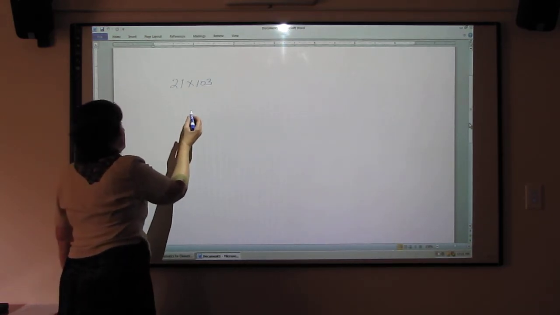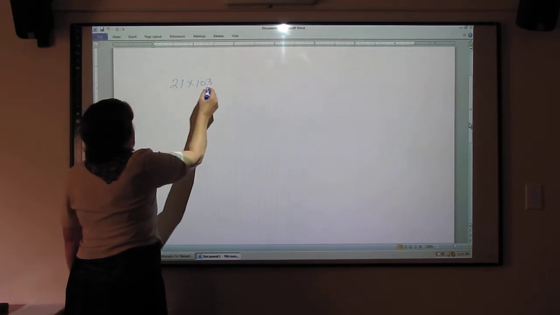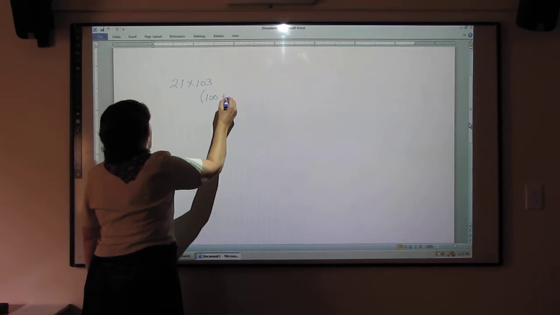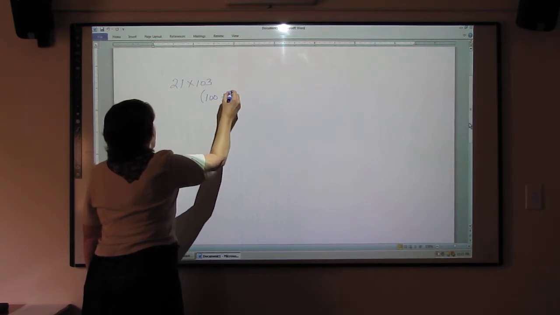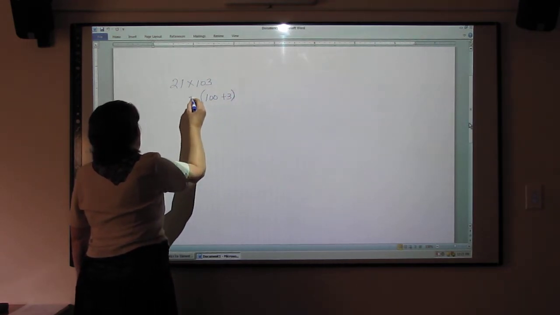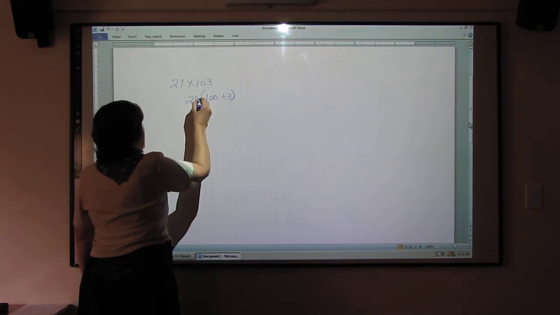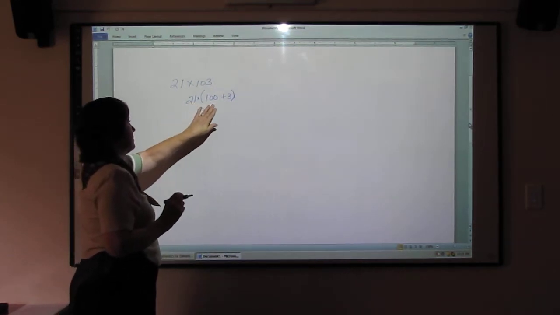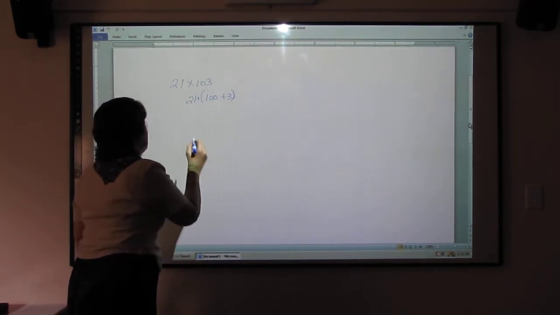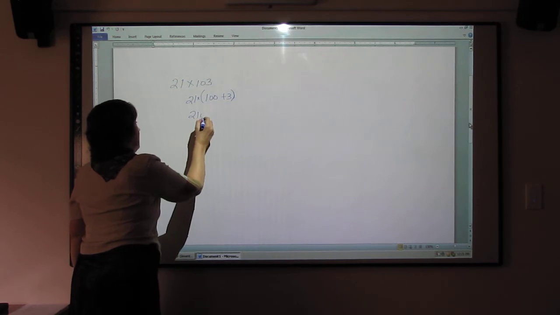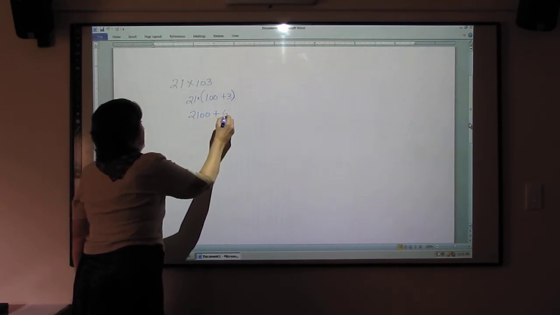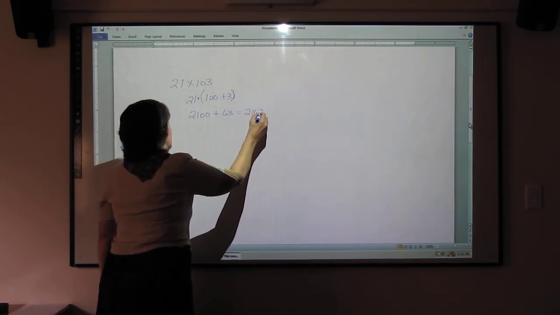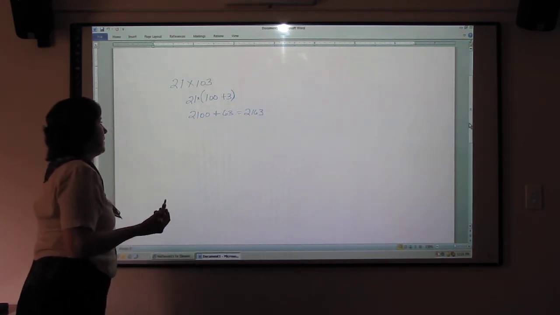But the distributive property lets me take this number apart and then multiply 21 times that whole thing, which really is saying I'm going to do 21 times 100, and then I'm going to do 21 times 3. My answer is going to be 2100 plus 63, which will give me 2163.